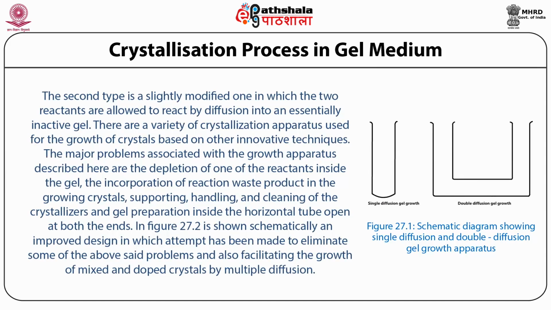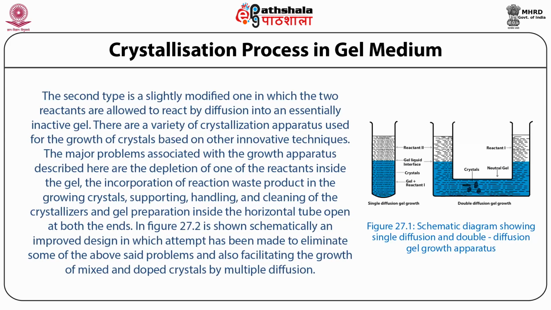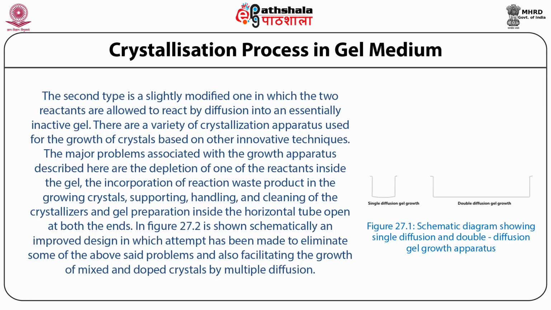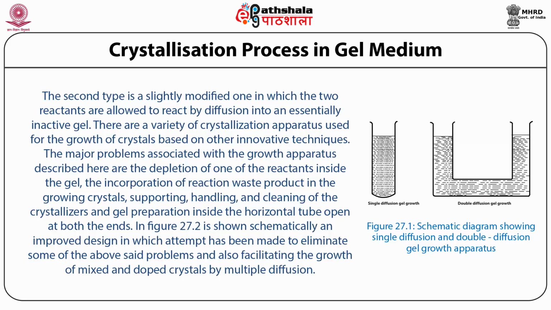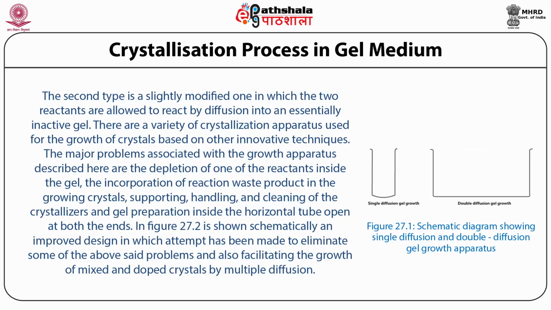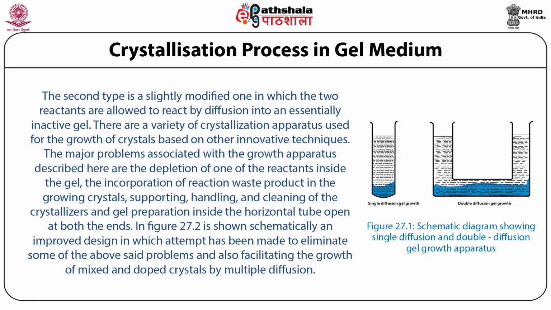The second type is a slightly modified one, in which the two reactants are allowed to react by diffusion into an essentially inactive gel. There are a variety of crystallization apparatus used for the growth of crystals based on other innovative techniques.